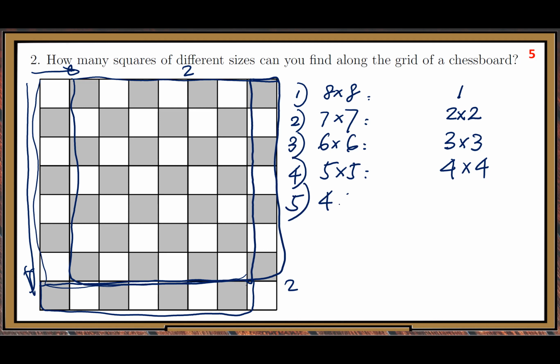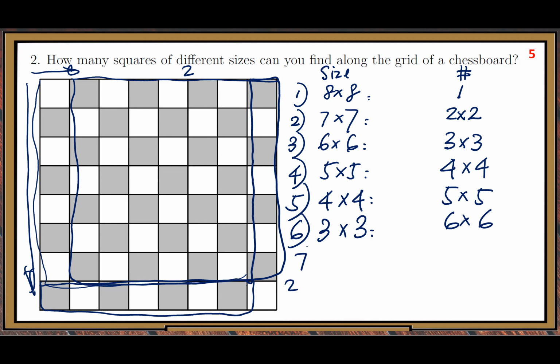Next case, 4 by 5. Here, this column, the first column is size. This column is the number. 5 by 5. 3 by 3 size, and the number 6 by 6, 36 squares. 2 by 2, 7 by 7.